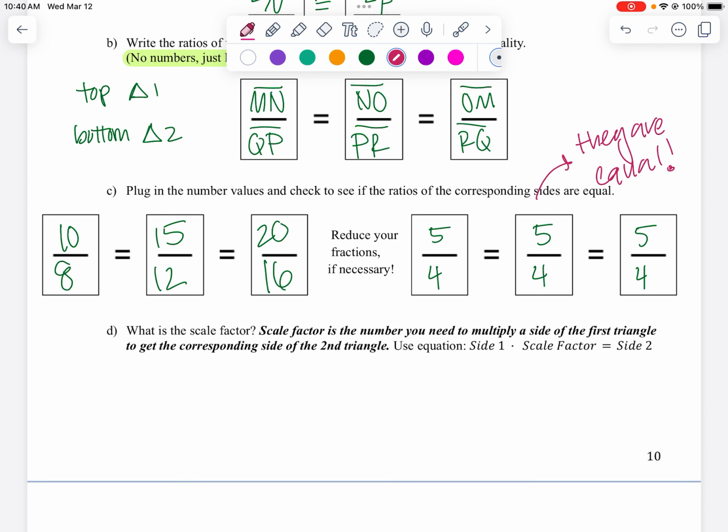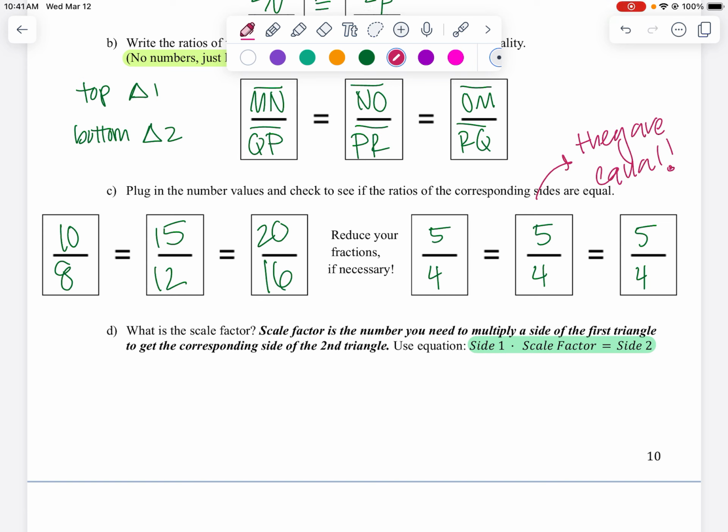All right, last up, it's asking what the scale factor is. The scale factor is the number that you need to multiply a side of the first triangle by to get the corresponding side of the second triangle. Here we're going to use this equation where side 1 times the scale factor is equal to side 2. Now we are trying to find the scale factor.